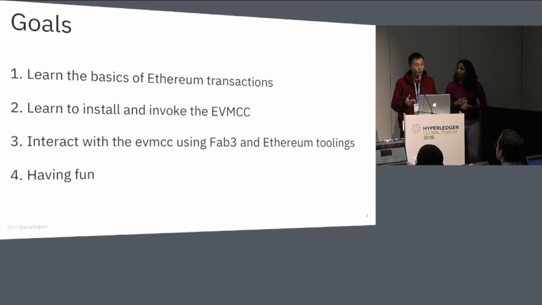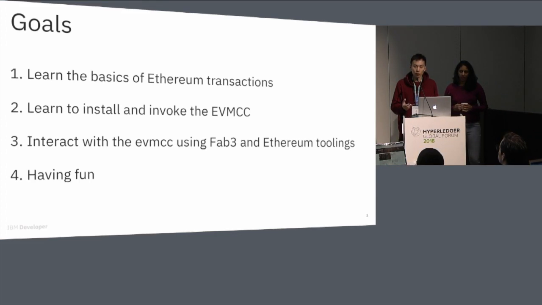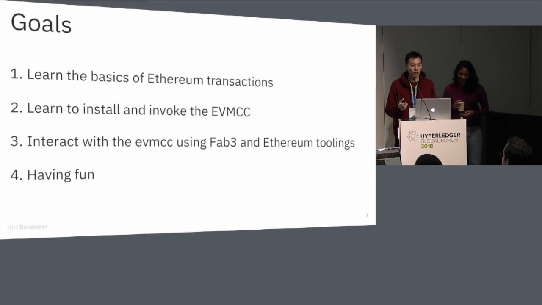At the end of the workshop, we hopefully can have several games running in this network, and people can interact with each other. Of course, we will be issuing our own token. It's an ERC20 token. We will go into some details later, and people can play with that. And last but not least, we'll hopefully be having some fun.